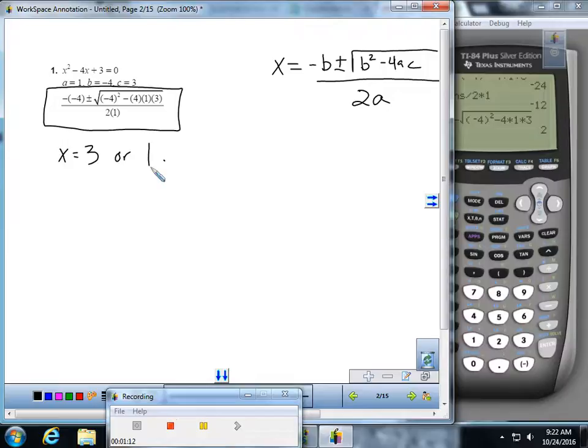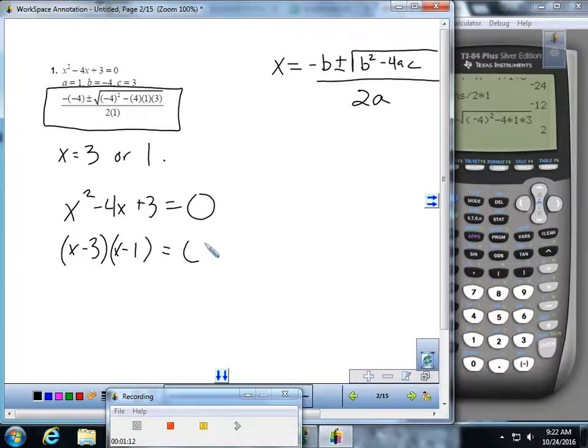Now, what's another way we could solve this equation? Well, we have x squared minus 4x plus 3 equals 0. I hope that when you saw that, you would check to see if it's factorable. We're looking for 2 numbers that multiply to be 3 and add to be -4. Anyone know what they are? x minus 3 times x minus 1, right?